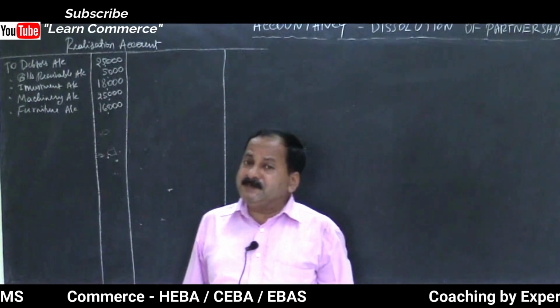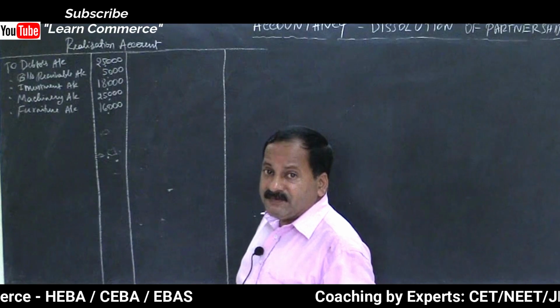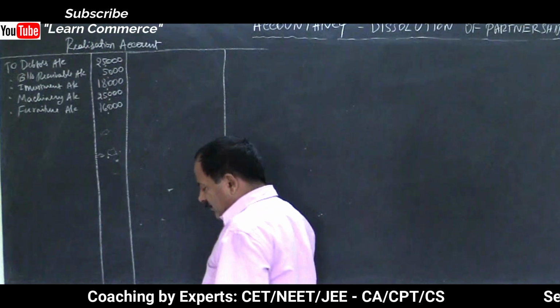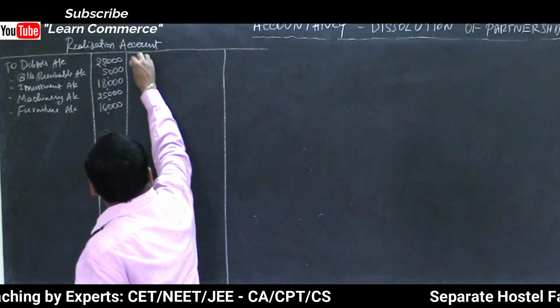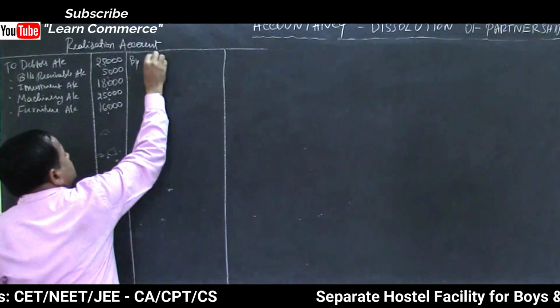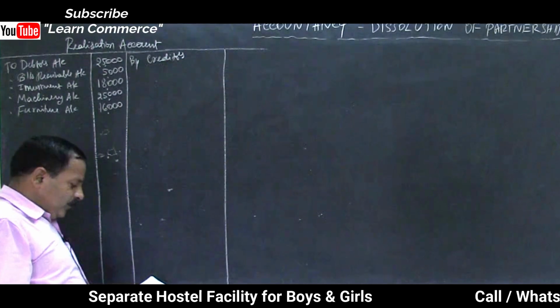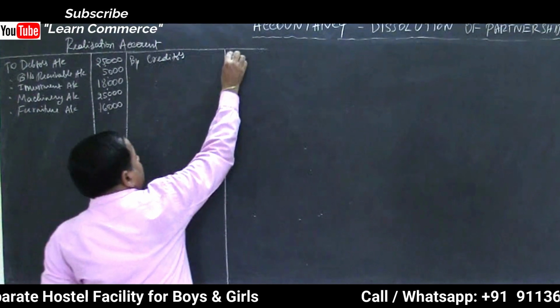Now let us transfer all the liabilities which are external, not internal liabilities, right? By creditors, write the amount. How much? 15,000.